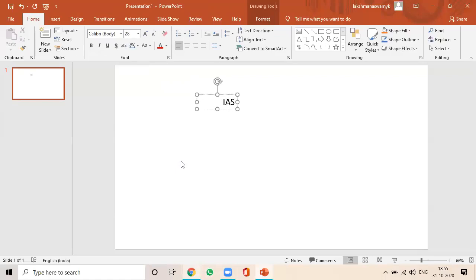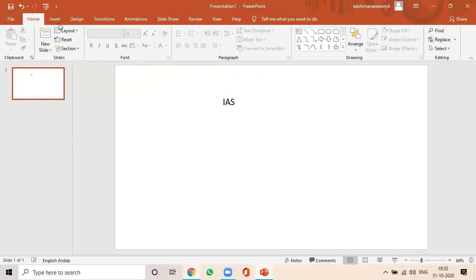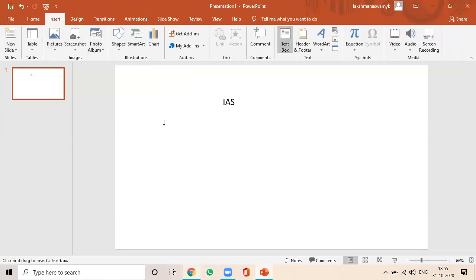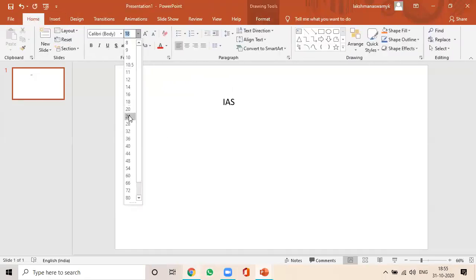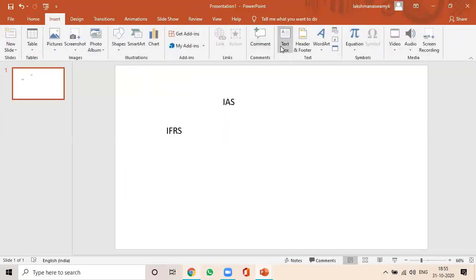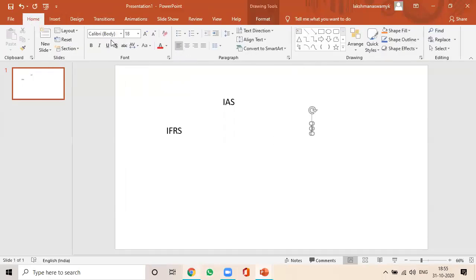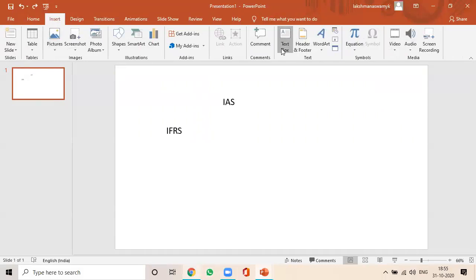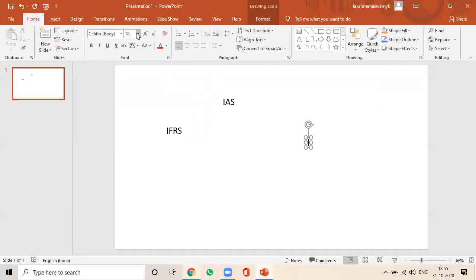In addition to that, you have to follow IFRS, then UK GAAP.